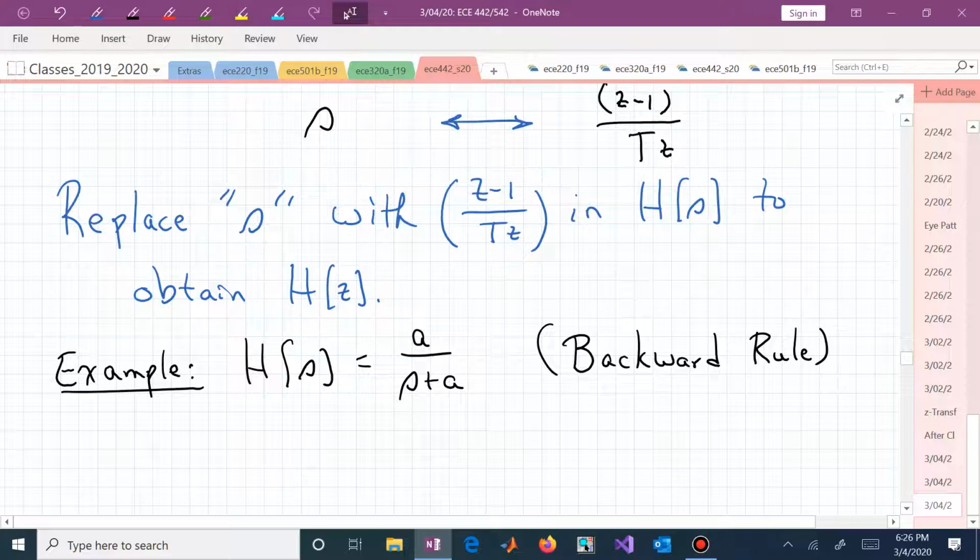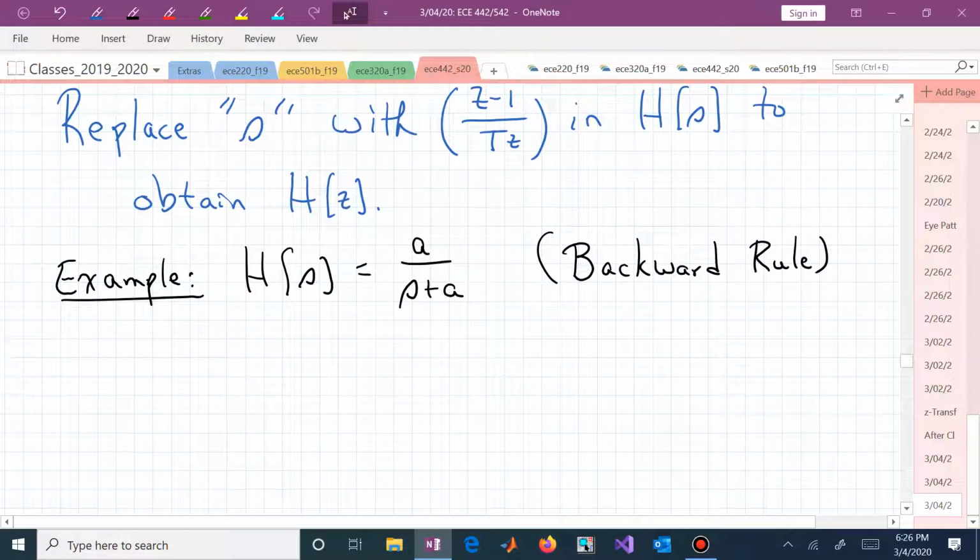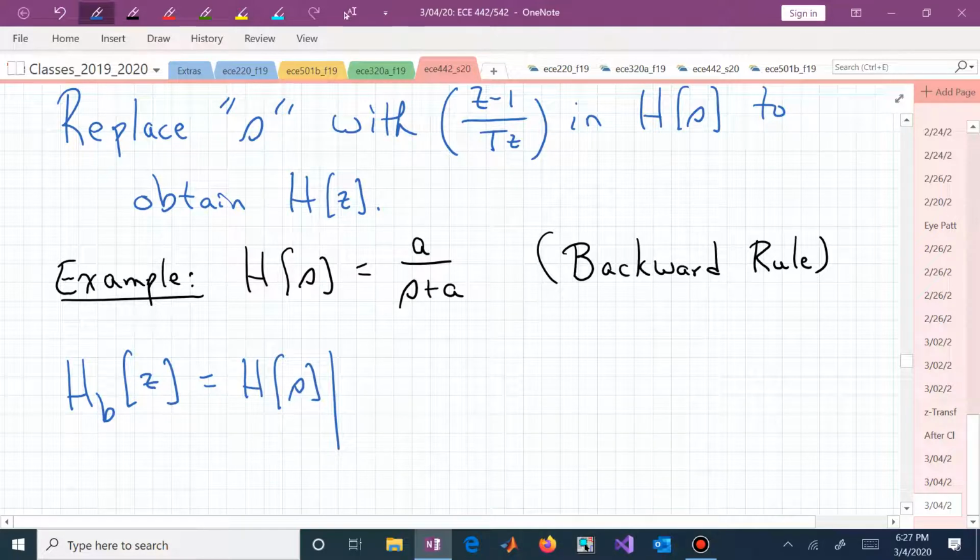So let's apply that to the low-pass filter. We don't have to redo poles and zeros of H of s. We know what that is. But now this is H sub b for backward of z. This is now H of s, replacing s with z minus 1 over Tz.